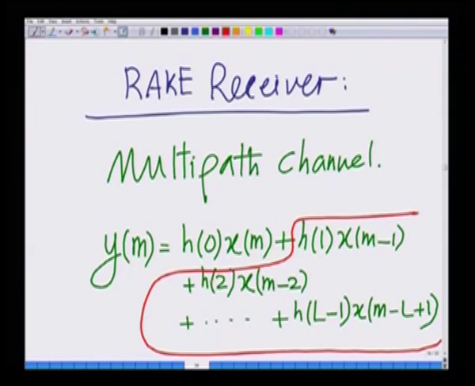Remember, we talked about this, that the signal at time m depends only on the input at time m. However, now look at this system, my output Ym at time m depends on xm, but it also depends on xm minus 1, it is plus H1 into xm minus 1 plus H2 into xm minus 2, so on, plus H L minus 1 into xm minus L plus 1.